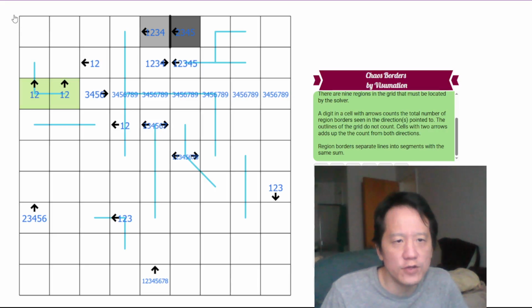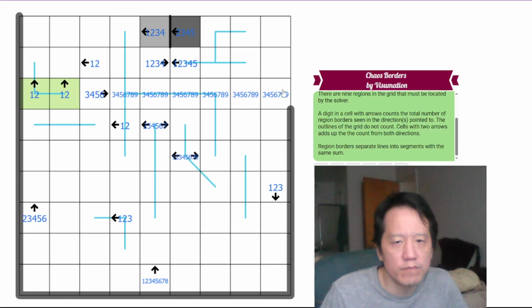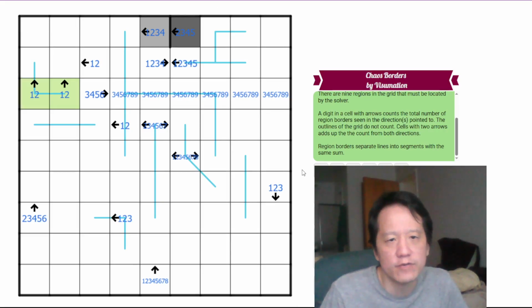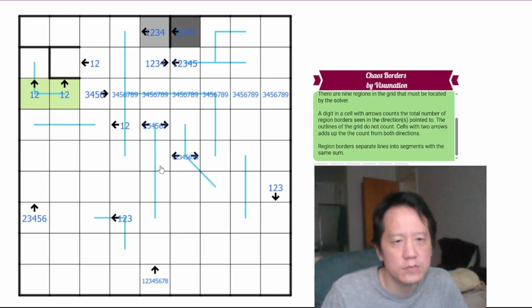Let's fill in the entire outline of the grid. So say we tried to have something like that. This would be 2. I guess that would be possible. Something like that.